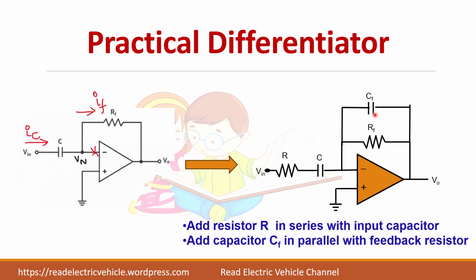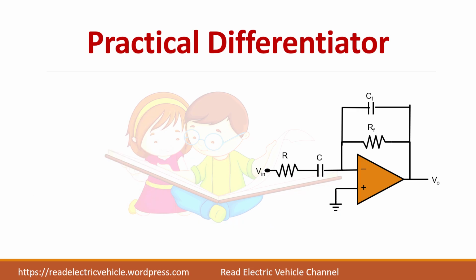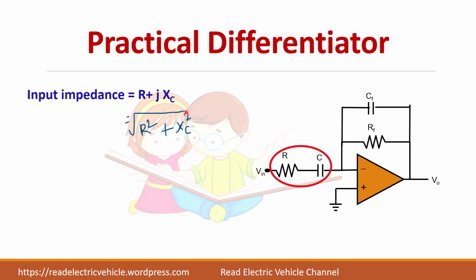Another thing, stability problem. For that you can add a capacitor here. So the input impedance in this case will be R plus j into Xc, or we can write it as square root of R square plus Xc square. So in this way we are able to increase the input impedance of the circuit.